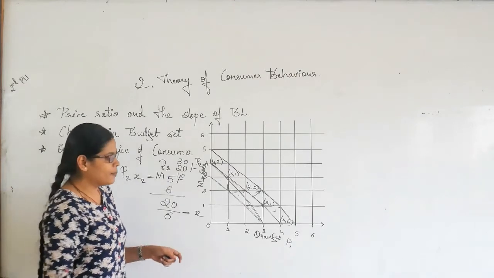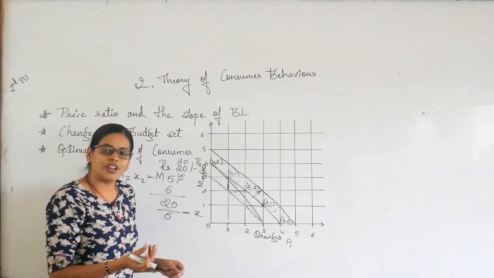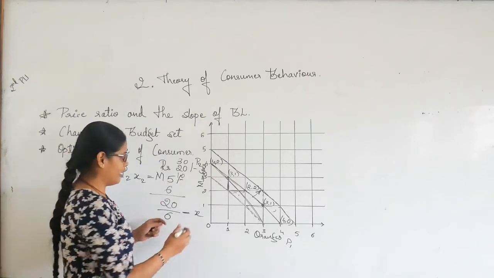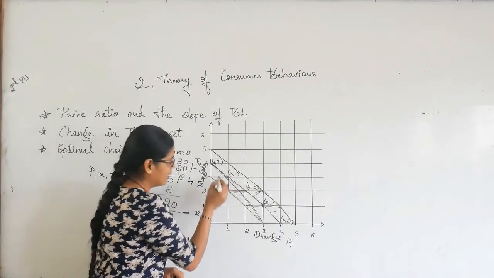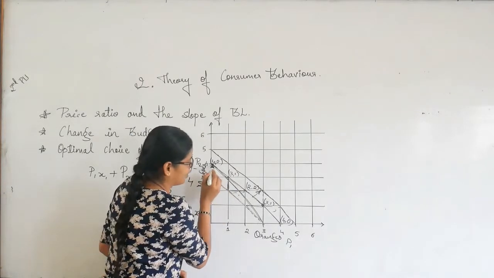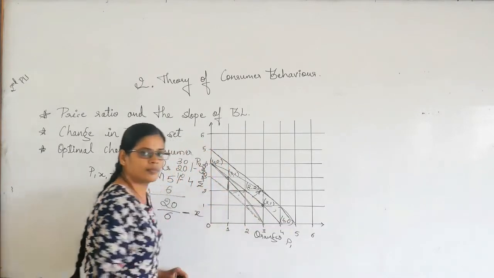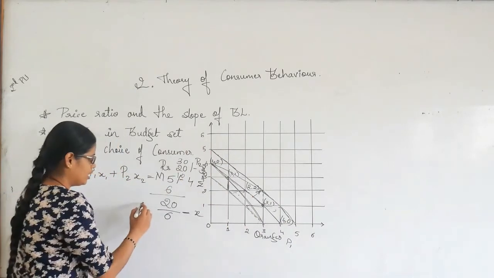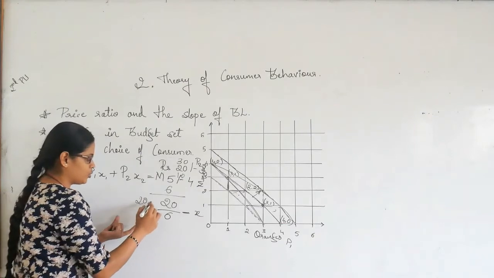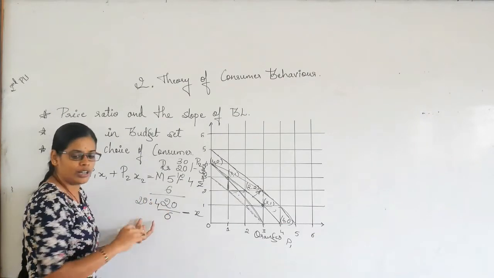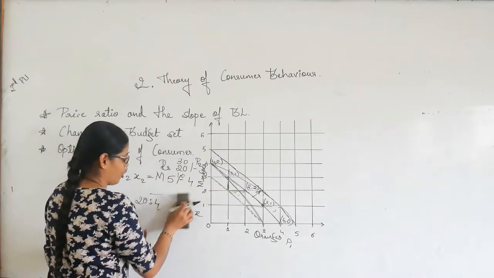The same thing, if the price of the goods decreases from 5 to 4, then the budget line tends to increase like this. Why? Because in 20 rupees, when the cost was 5 rupees, we used to buy only 4 units of oranges.